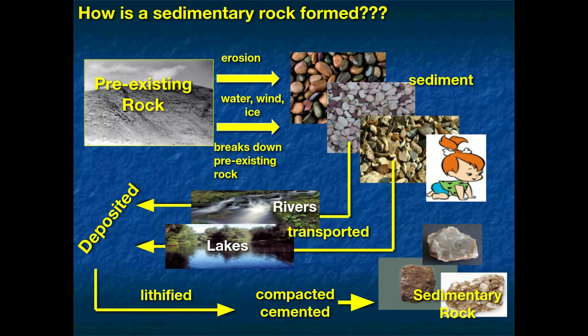So in order to be a sedimentary rock, it has to go through a whole huge process. It's got to be eroded, turns into sediment, it's transported, it's deposited, and then it's lithified, which is a key word at the bottom of your screen. So lithification is a term that means basically the sediment has been glued or becomes a solid together. So basically it represents an aggregate of material, again, that's been compacted or cemented, then becomes a sedimentary rock.